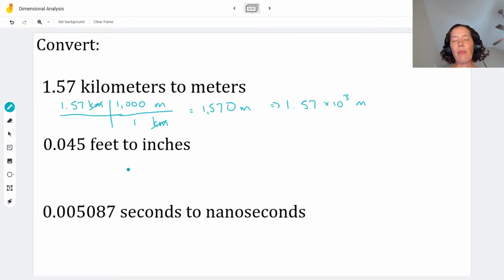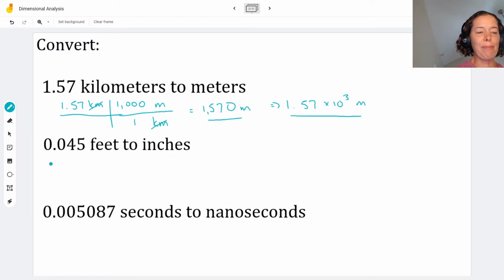In all of these problems, we're doing multiplication and division, which means we're looking at the total number of sig figs, and the factor with the fewest sig figs determines how many sig figs our answer has. So we have 1.57 here that has 3 sig figs. Our answer should have 3 sig figs, and both of these do have 3 sig figs. So that is our complete answer here.